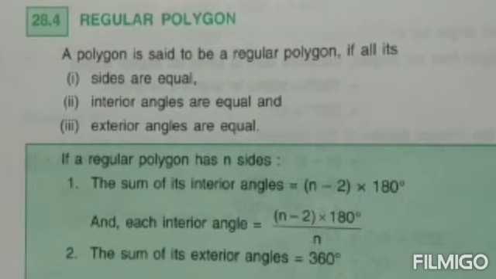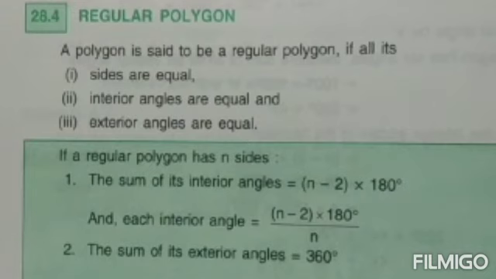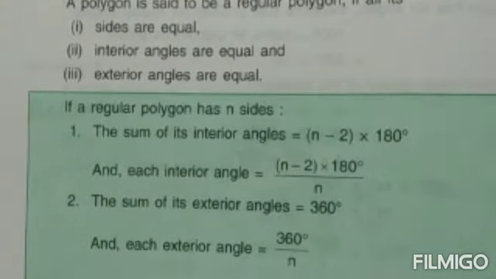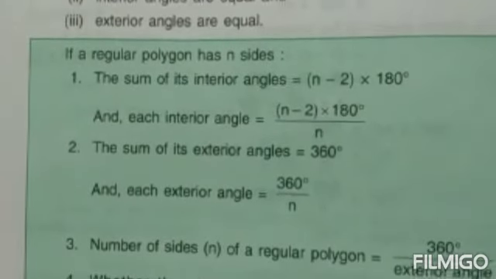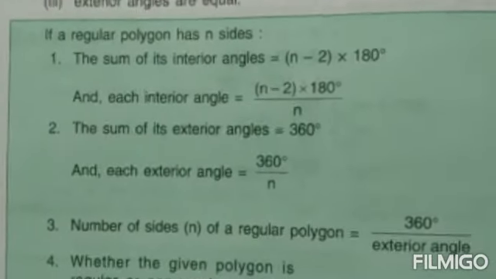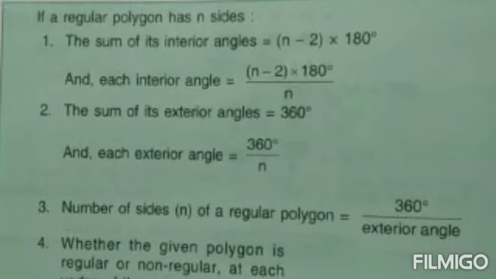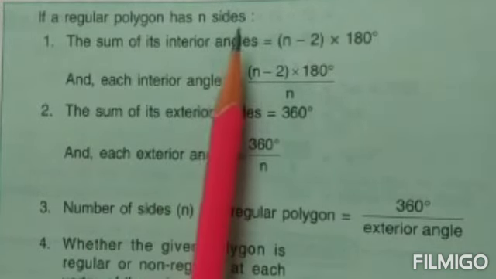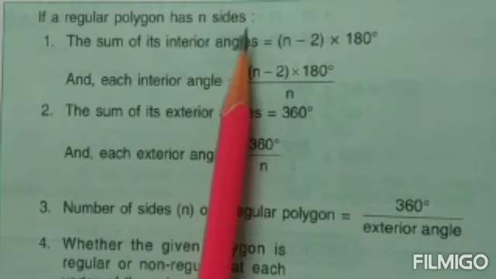So now in your books children, there's a green box given on page 262. It contains certain formulas of the regular polygon which we are going to make use of in the next exercise. So let's see what the formulas are. In a regular polygon which has n sides, now n is not known, it can be any number of sides, children.